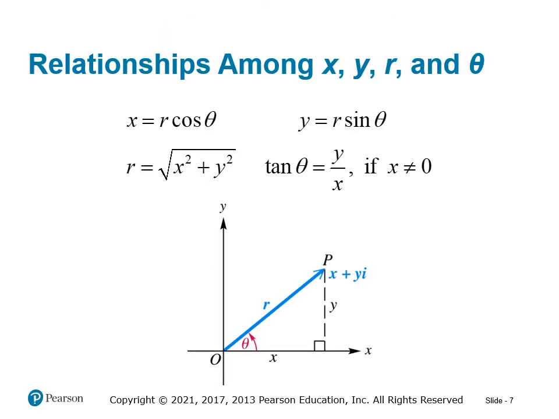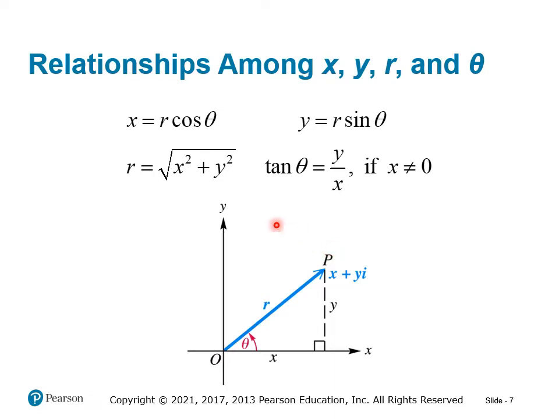Remember, this is what we learned from vectors: how to find the radius and the angle theta, and how these are related to each other. We can see that when we draw a vector, we have a right triangle.